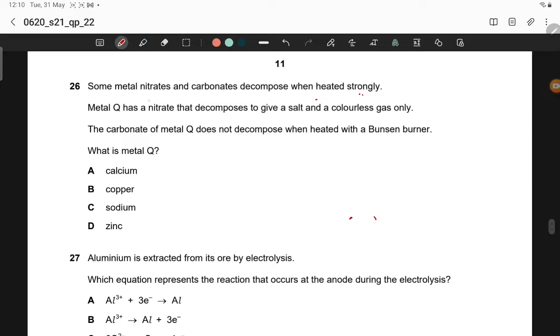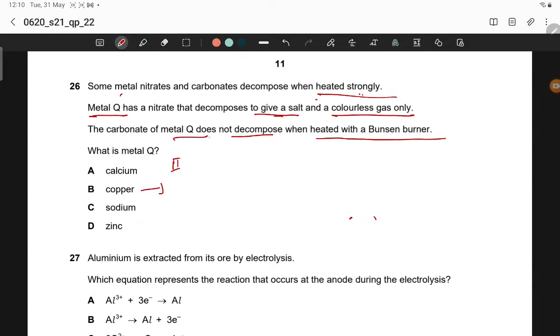Some metal nitrates and carbonates decompose when heated strongly. Metal Q has a nitrate that decomposes to give a salt and a colorless gas only. The carbonate of metal Q does not decompose when heated with a Bunsen burner. So what is calcium in group 2?